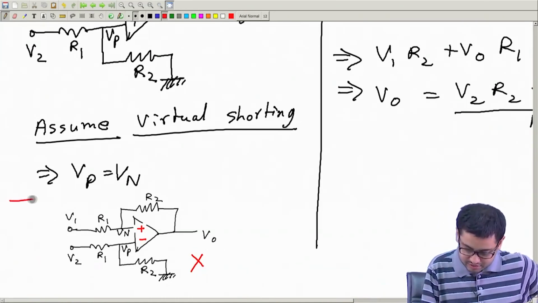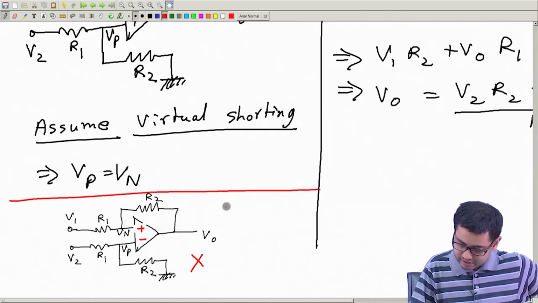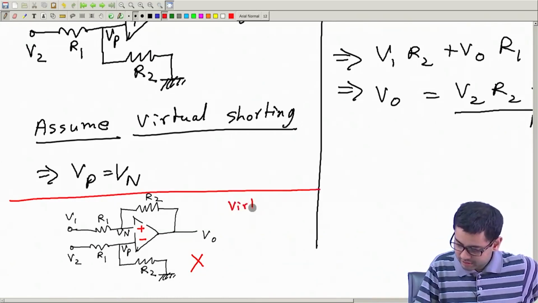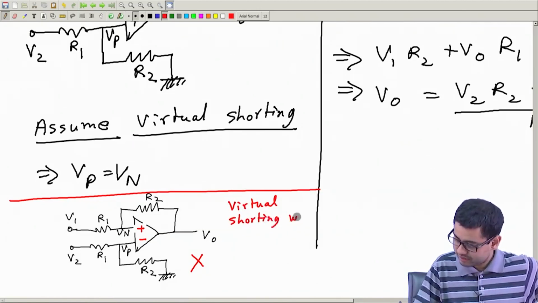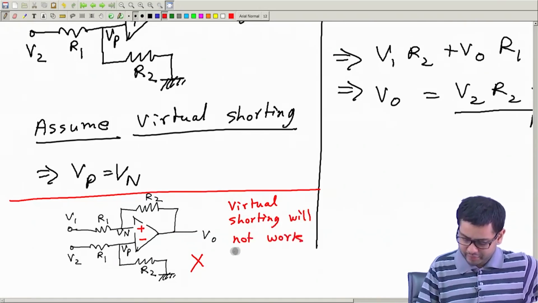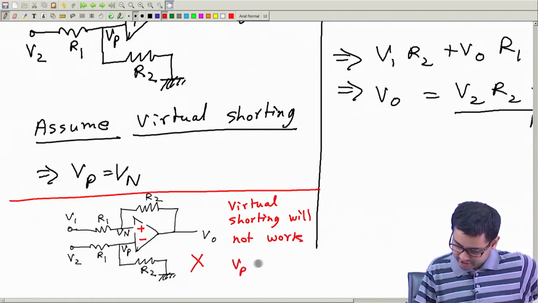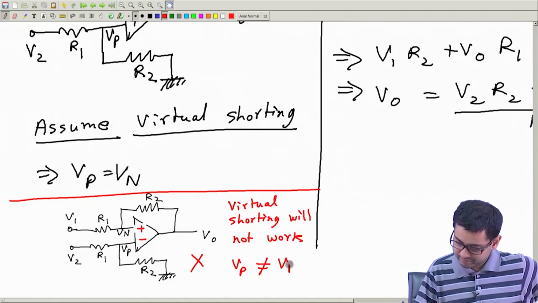Virtual shorting will not work. What I mean is that Vp is not going to be equal to Vn.